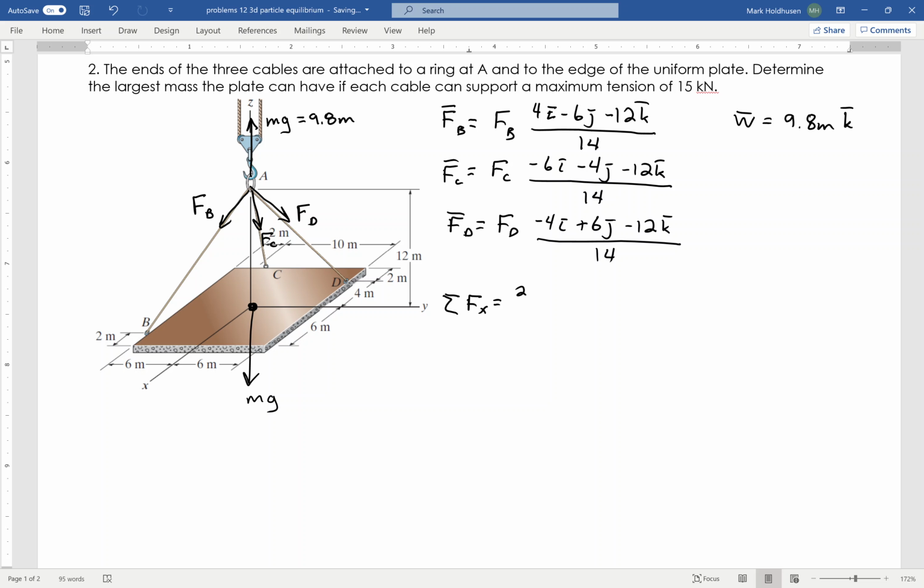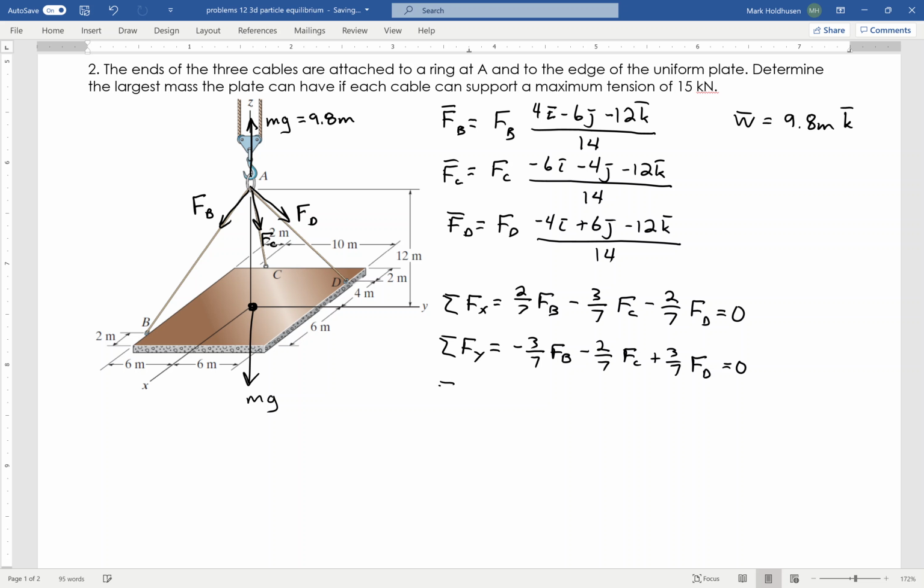So that's 2/7 FB minus 3/7 FC minus 2/7 FD, and that's going to equal 0 in the x direction. In the y direction, it'll look pretty similar. Again, instead of 6/14, I'm going to use 3/7. So it'll be minus 3/7 FB minus 2/7 FC plus 3/7 FD, that equals 0.